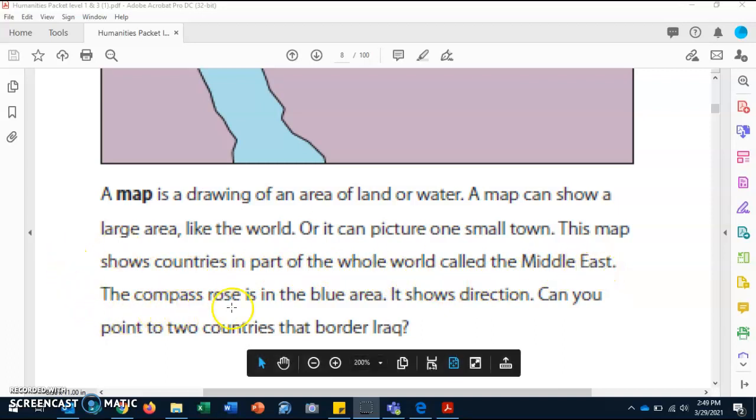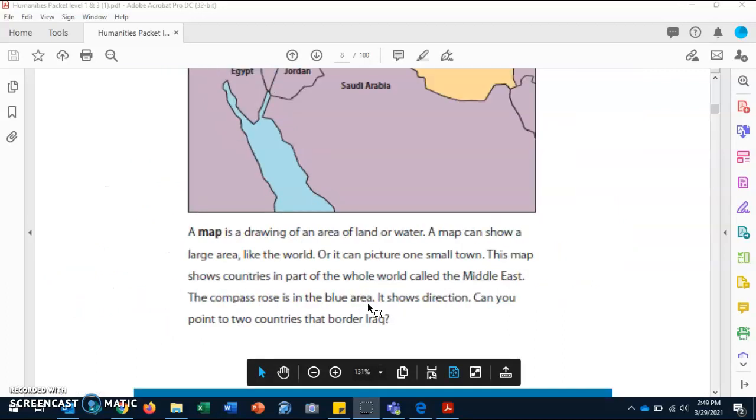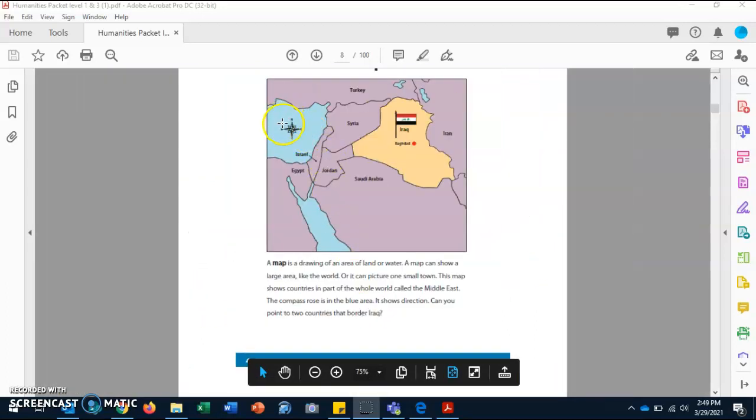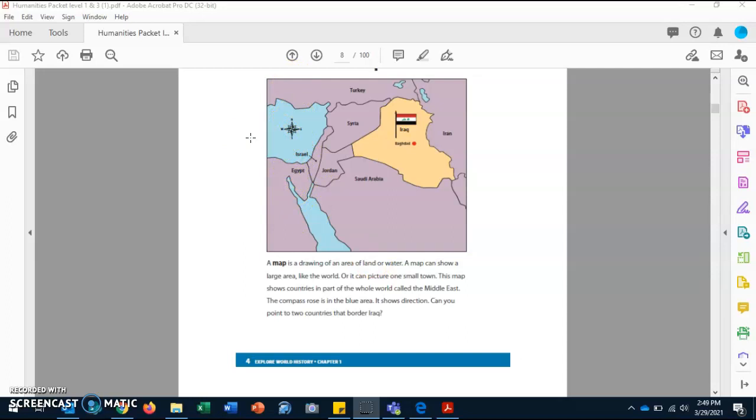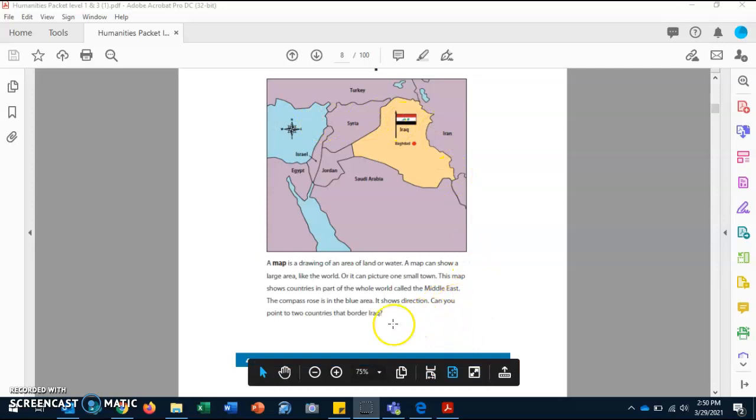The compass rose is in the blue area, which is right here. Look, we have the compass right here. It shows direction. So it's telling us up is north, down is south, to the left is the west, and to the right is the east. Can you point to 2 countries on the border of Iraq?